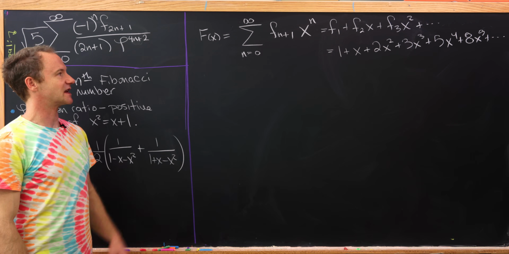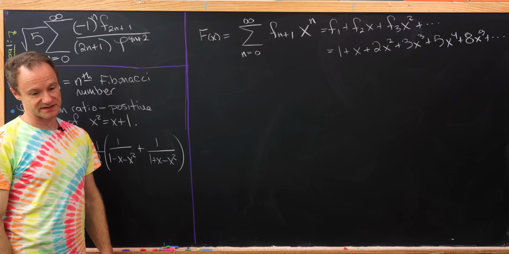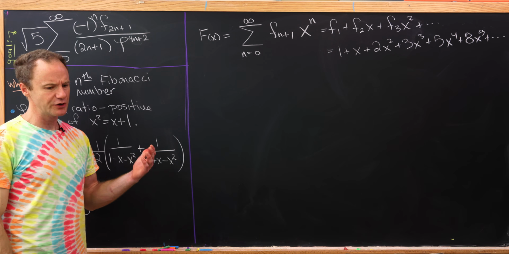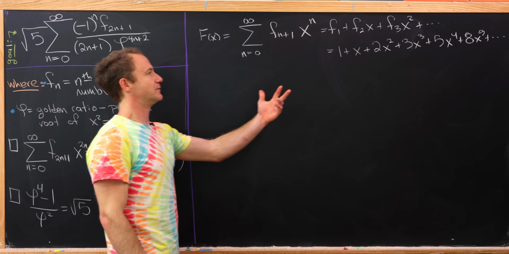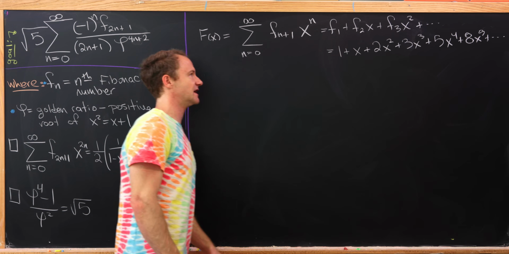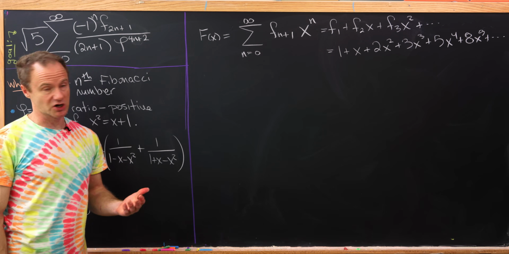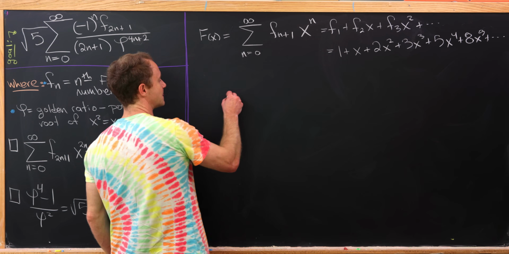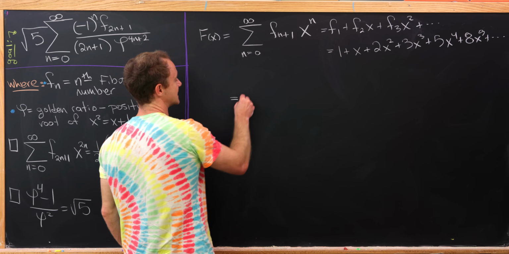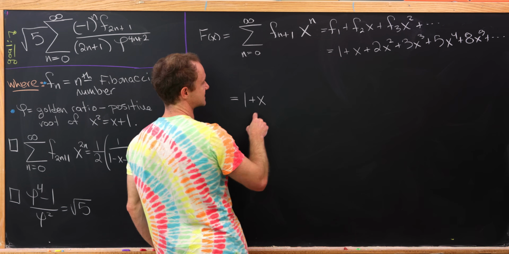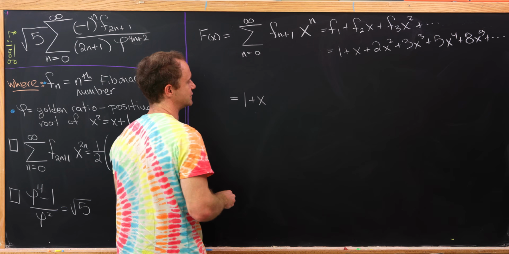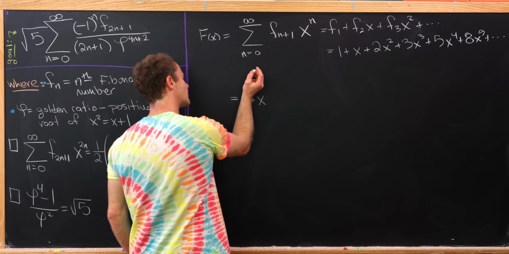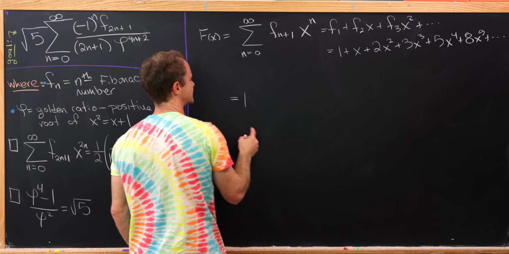Our goal is to get a closed form for this series. And we're going to do it the classic way by pulling out the first two terms and then using the recursion. Okay, so let's do that. We can write this as 1 plus x. That's pulling out the first two terms. Actually, I think here I only really need to pull out the first term.